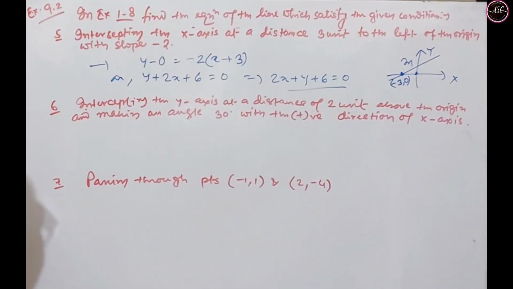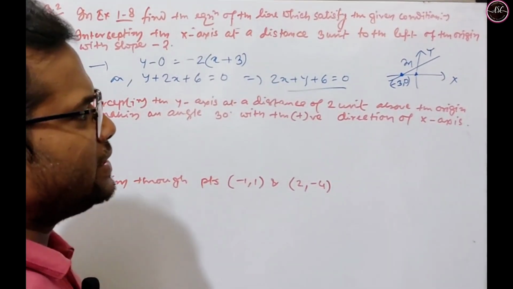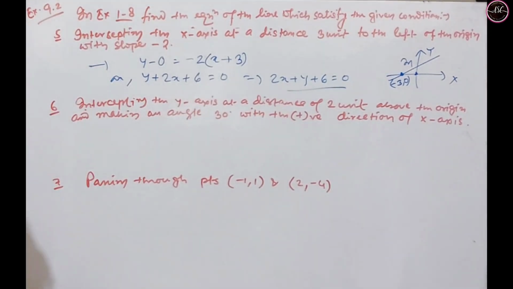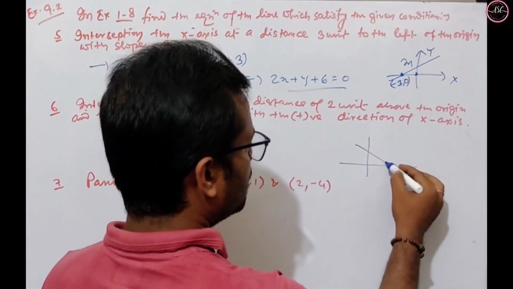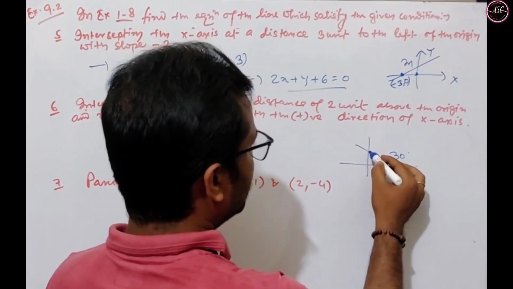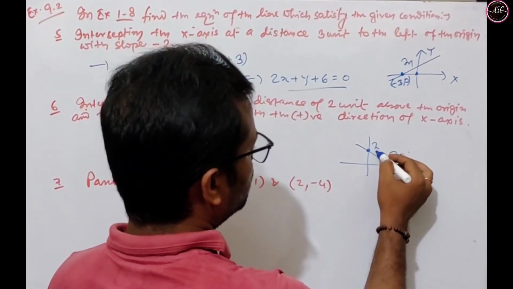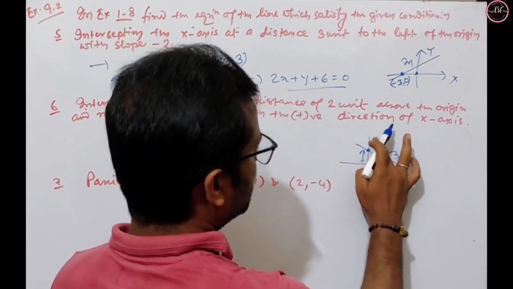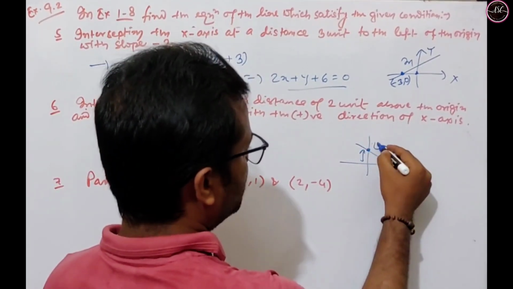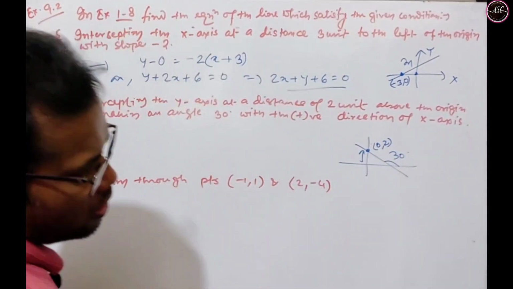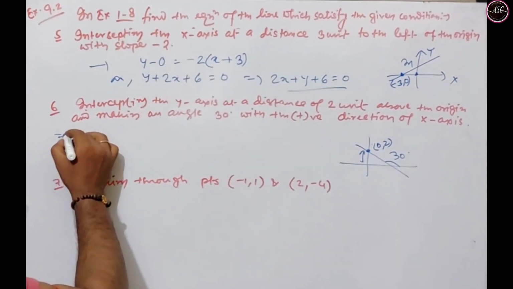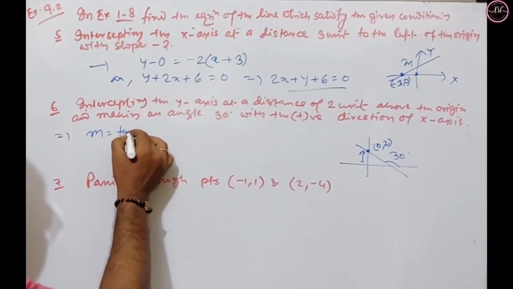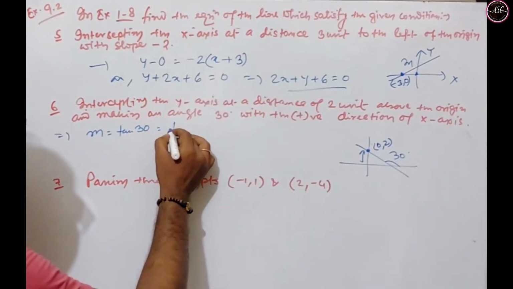Now look at this question: intercepting the y-axis at a distance 2 units above the origin and making an angle 30 degrees with the positive direction of the x-axis. That means this type of line, this is the 30 degrees and this distance is 2. So the coordinate will be (0, 2). Here 30 degrees with the positive direction, so the slope will be m equal to tan 30, that means 1 by root 3.